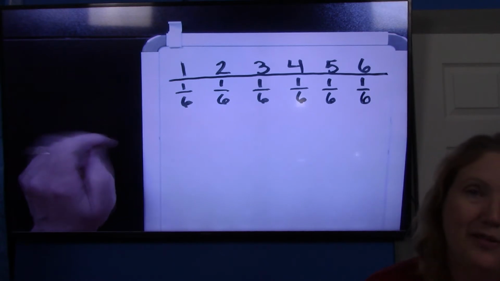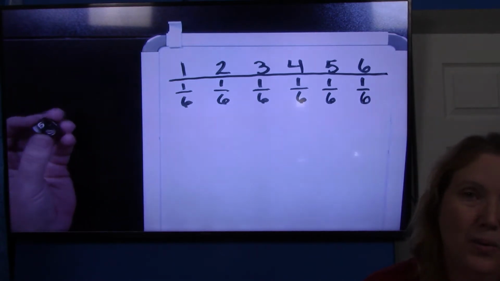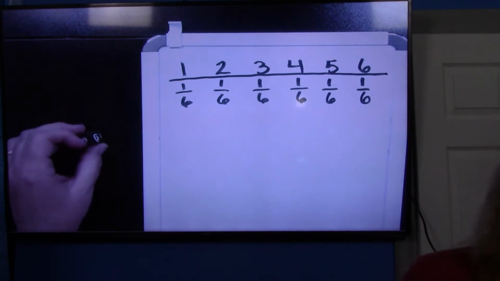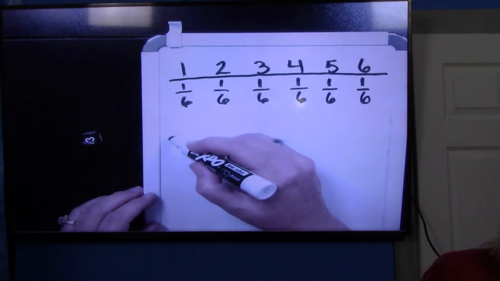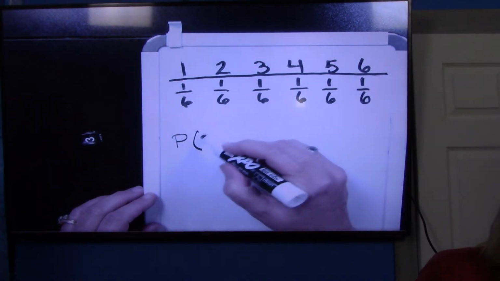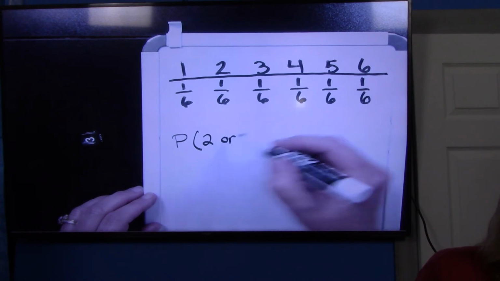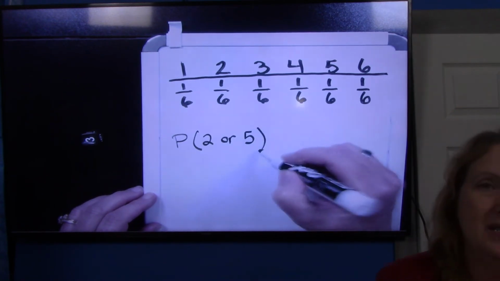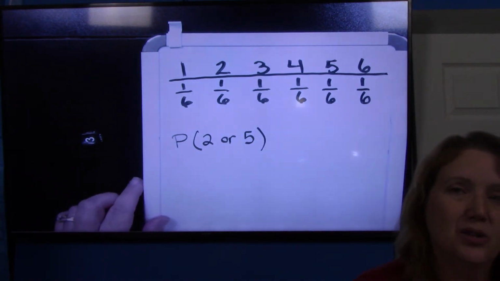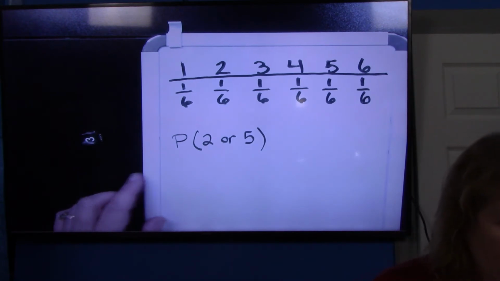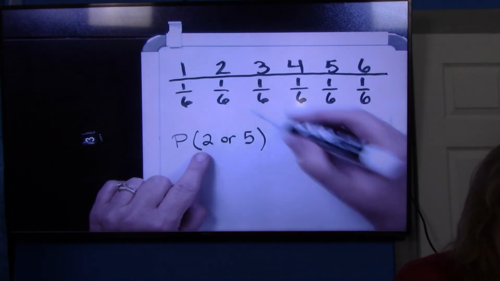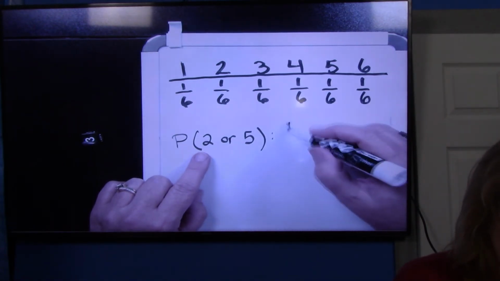Now, what if I asked you, what's the probability of getting a 2 or a 5? What is the probability of getting a 2 or a 5? Well, the probability of getting a 2 is 1/6.